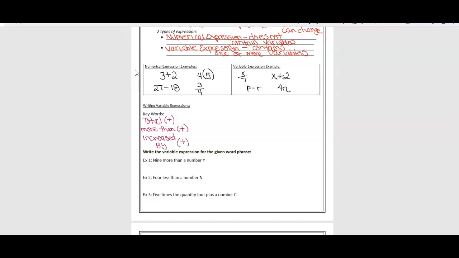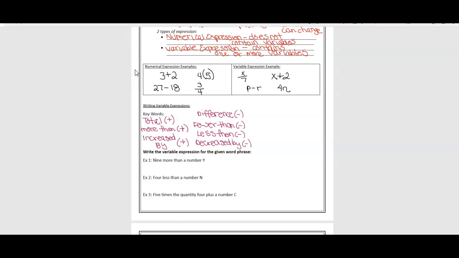This all means to add. Next, we have the word difference. Difference means to subtract. Or fewer than also means to subtract. Less than means to subtract. And then decreased by means to subtract.